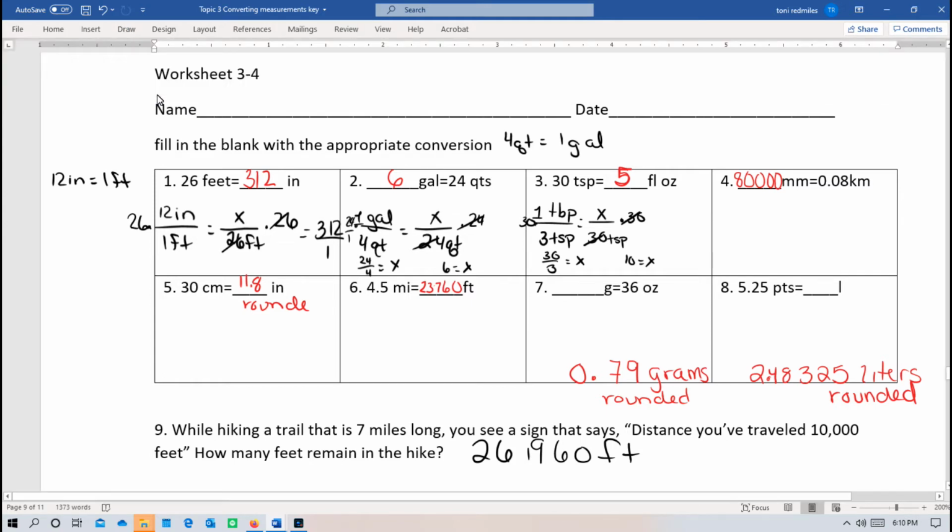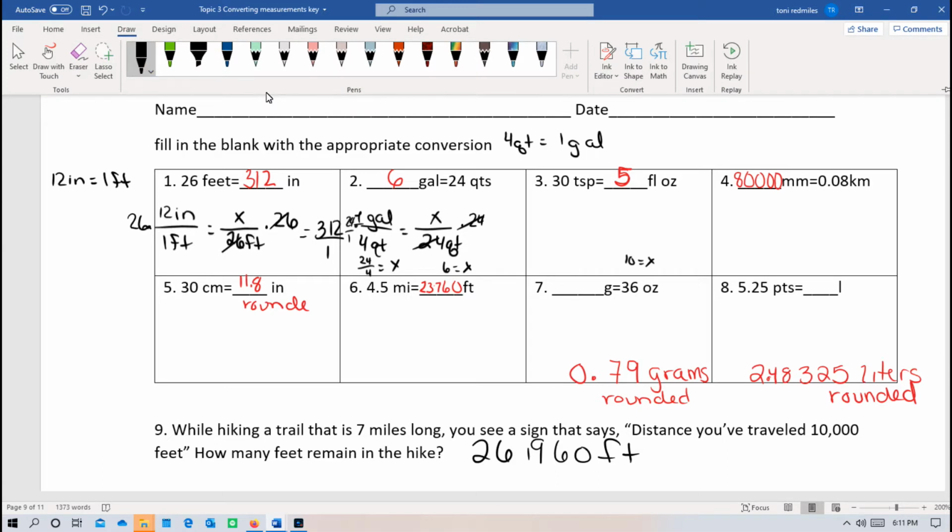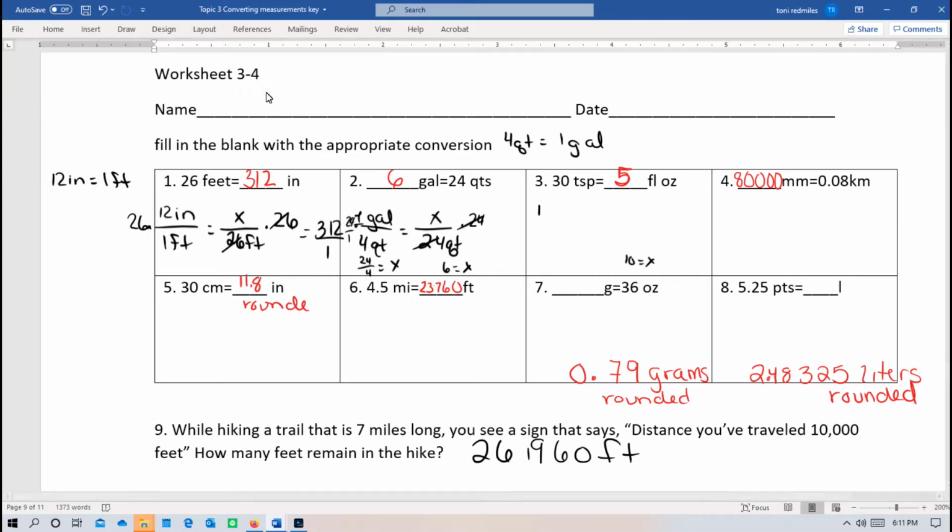Okay, so that's 10 tablespoons. Now I got to figure out how many ounces that is. Okay, so I need to know ounces, so I'm going to put 1 fluid ounce. It's very important that you know it's fluid. That is 2 tablespoons.